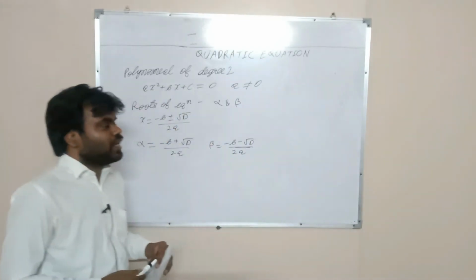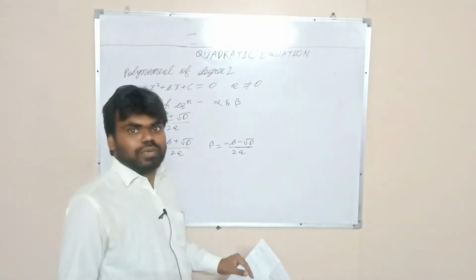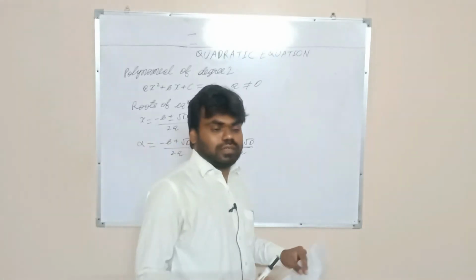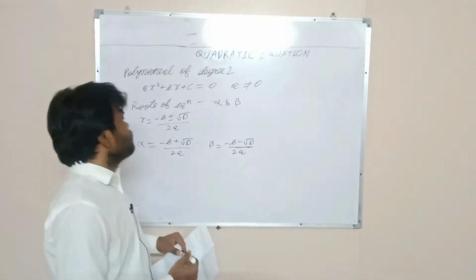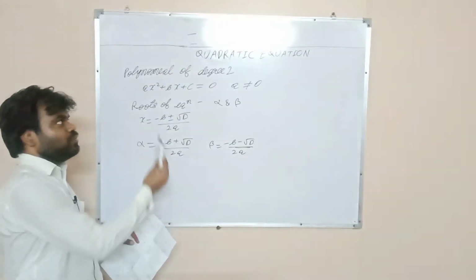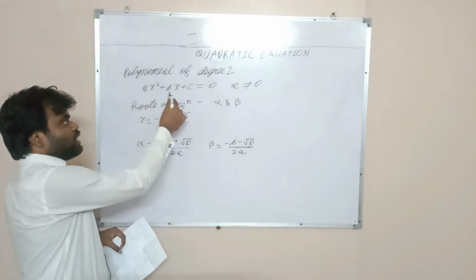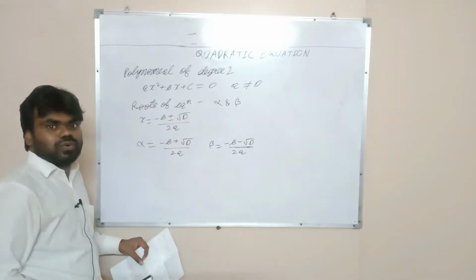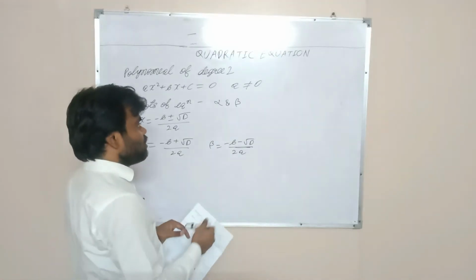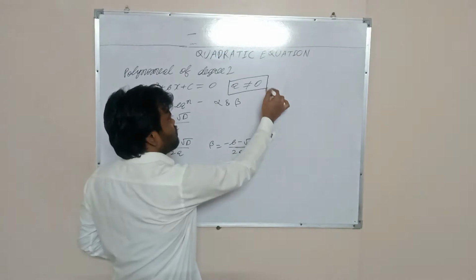So first of all, we will revise whatever we have gone through in the previous classes till now. So what is a quadratic equation? A quadratic equation is nothing but a polynomial of second degree. So ax square plus bx plus c equal to 0 is a quadratic equation, where definitely a should not be equal to 0.